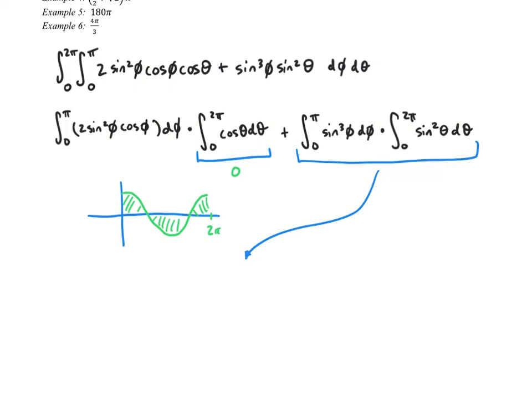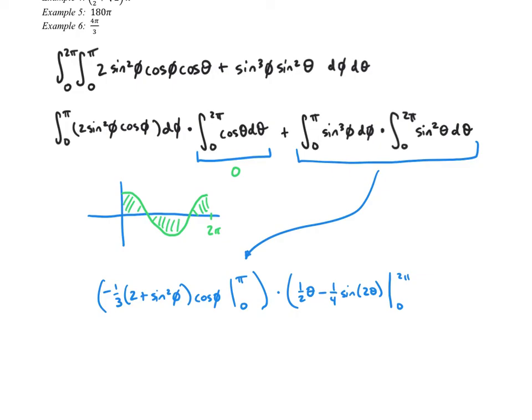So for the sine cubed, we have negative 1/3 times the quantity 2 plus sine squared phi times cosine phi, and we're evaluating that from 0 to pi, times, and then sine squared, we've done that one a few times, that's 1/2 theta minus 1/4 sine of 2 theta, and that one we are going to evaluate from 0 to 2 pi.